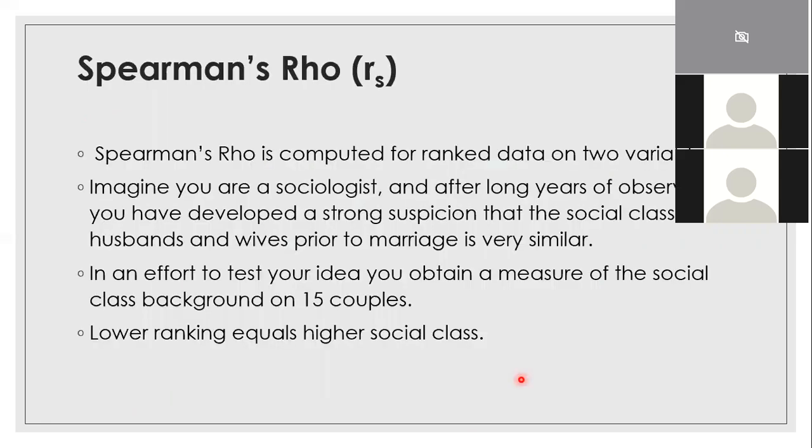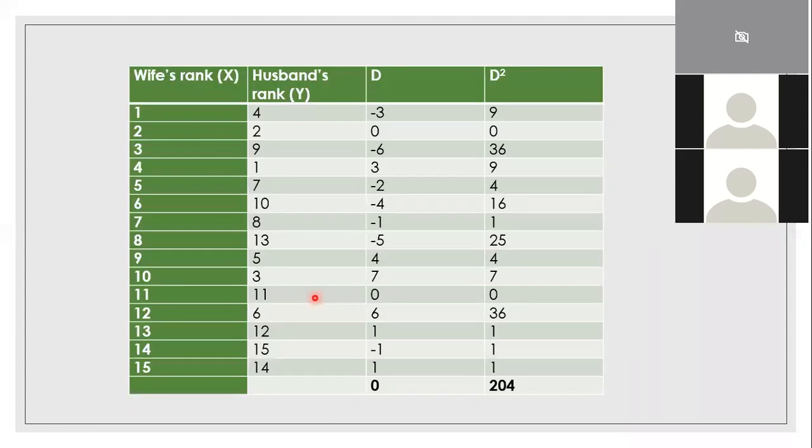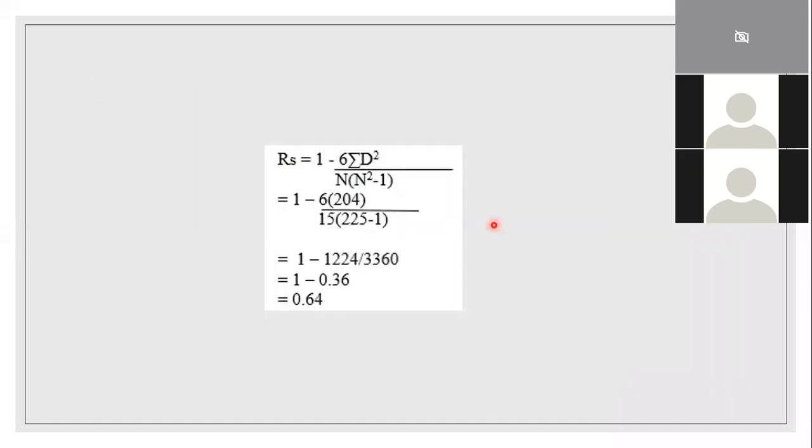And we said earlier that the sociologist took a sample of 15 couples. So we know that our n is 15, and then we have the sum of these squares, which is 204. So it's 6 times the sum of these squared divided by n times n squared minus 1.